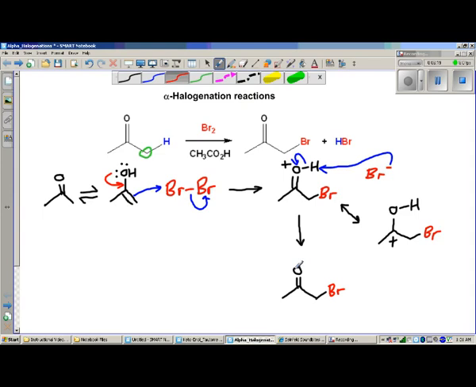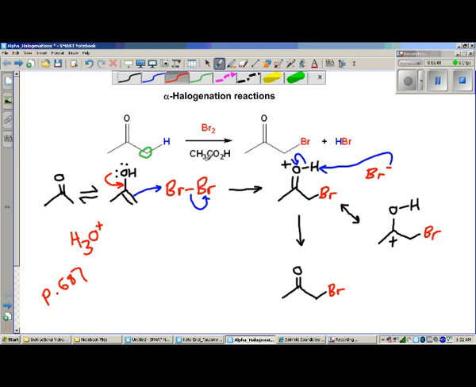Okay? Oh, and one more thing I should specify as well. In going from here to here, we said in a previous video that you need an acid catalyst, H3O+. The book, I think, makes things confusing by saying in the first step, shown in the mechanism on page 687, that the acid is HBr, but you don't see HBr here.